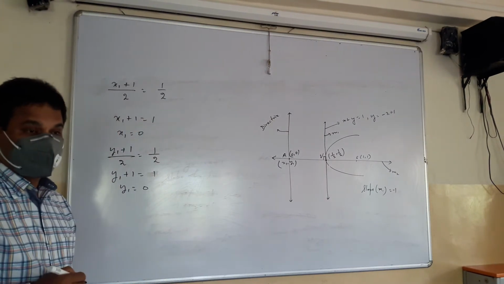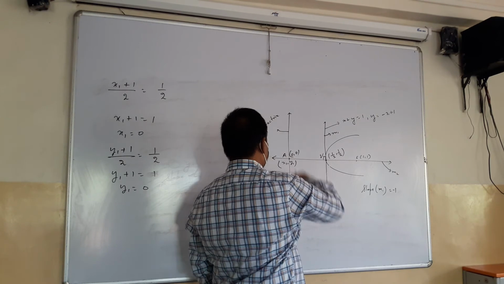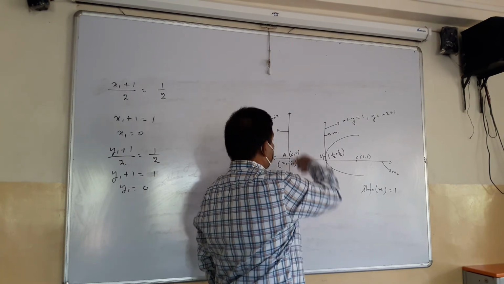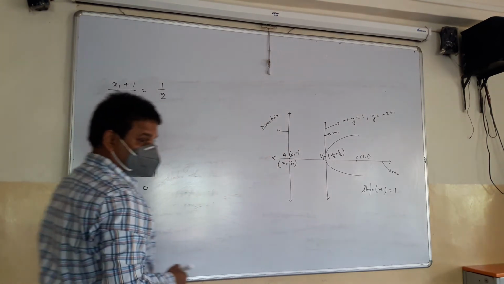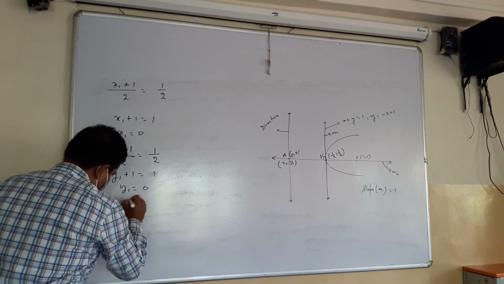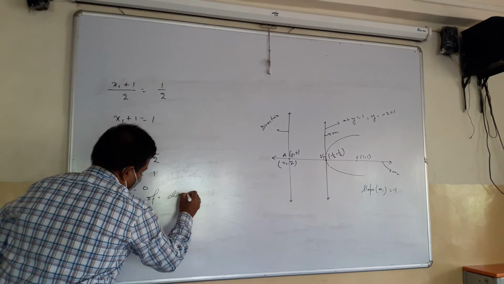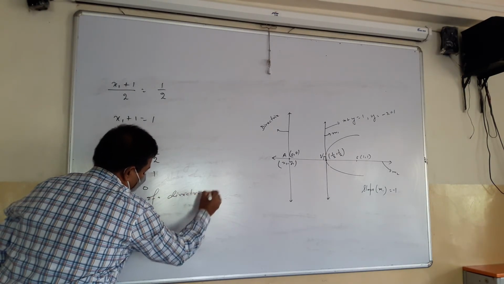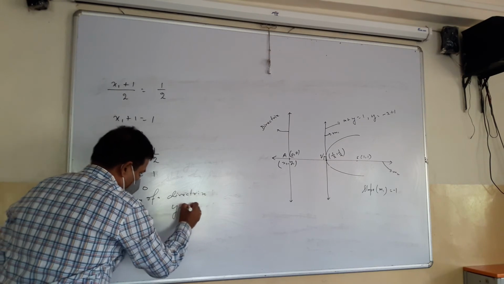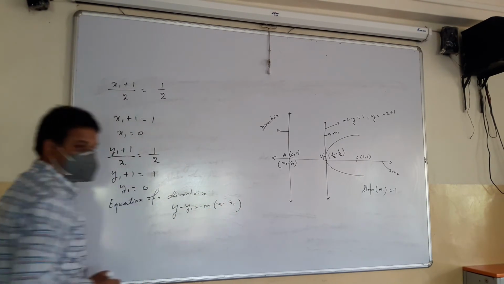Clear? Now the equation of a directrix. The formula is y minus y1 equals m times x minus x1.